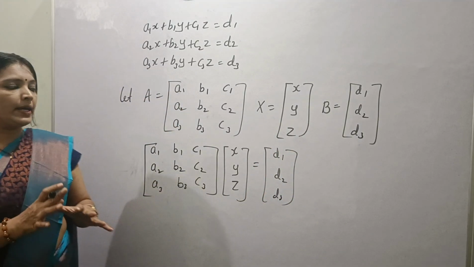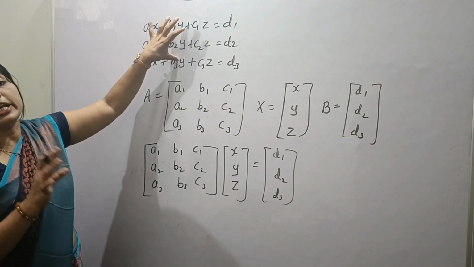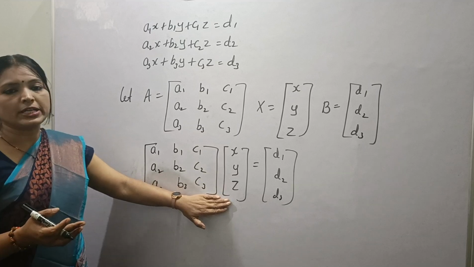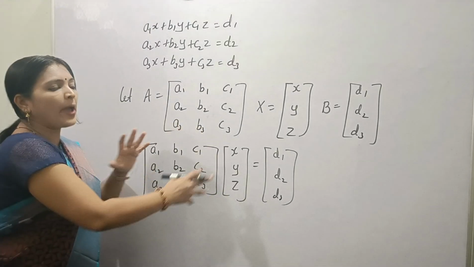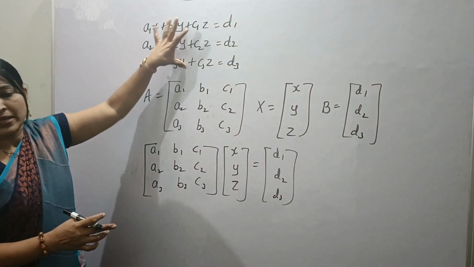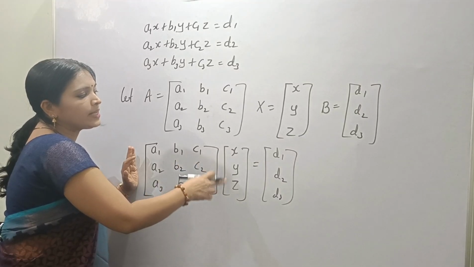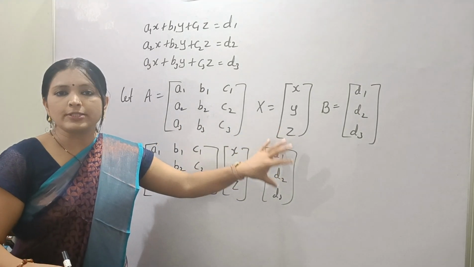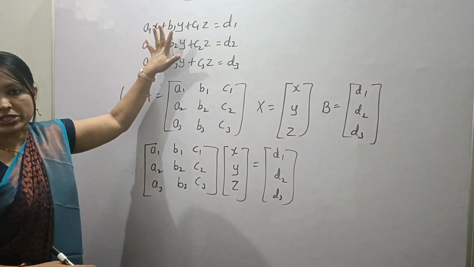Got it? See what we have done. These linear equations can be written in this matrix form. If you expand this, you will get the same linear equations. You just multiply these two matrices and equate to this column matrix, and you will get these linear equations.